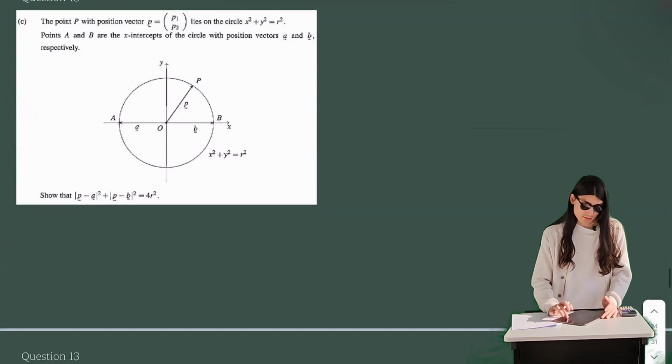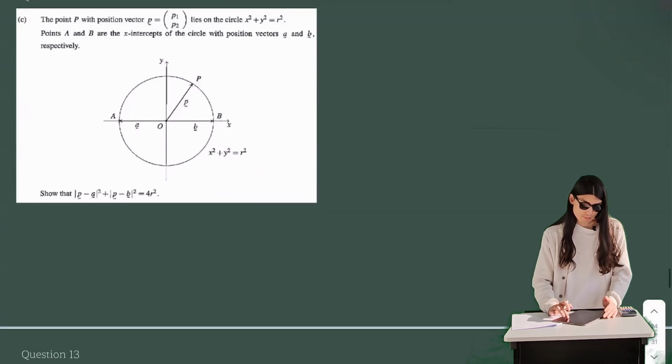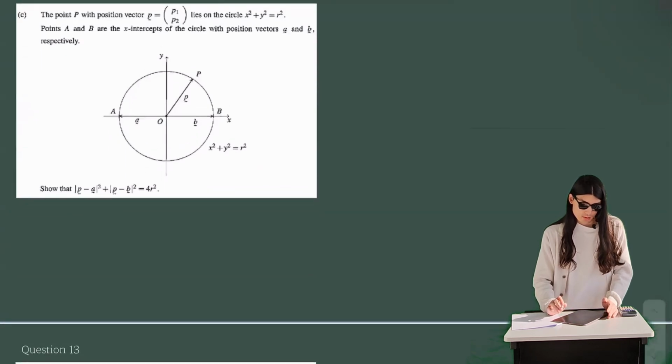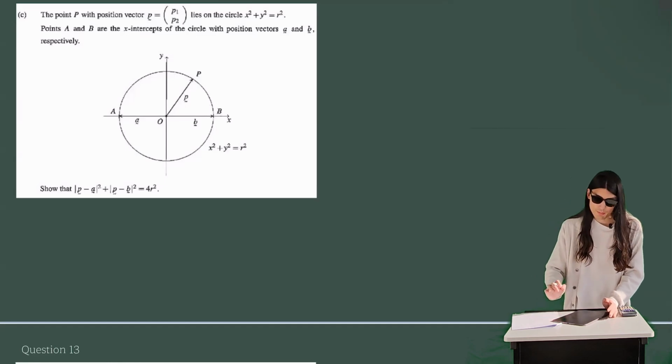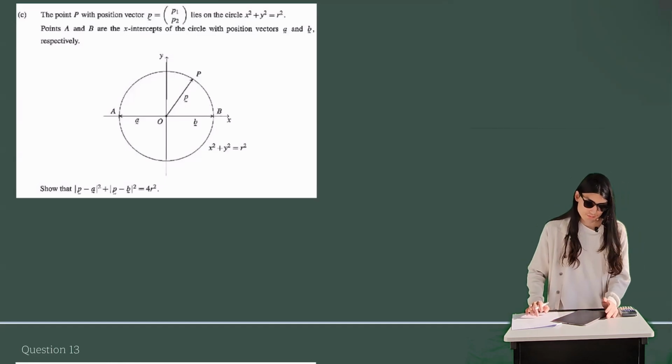Question 13C. Got position vector of P given, and that apparently lies on the circle x squared plus y squared is equal to r squared. That's a circle with center at the origin and a radius of r.